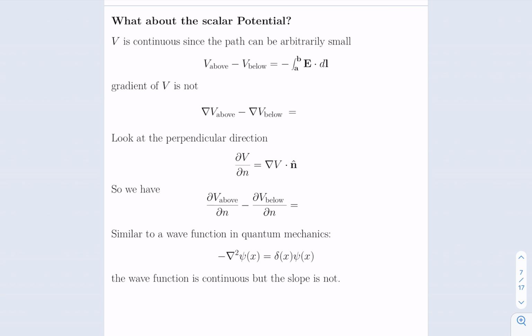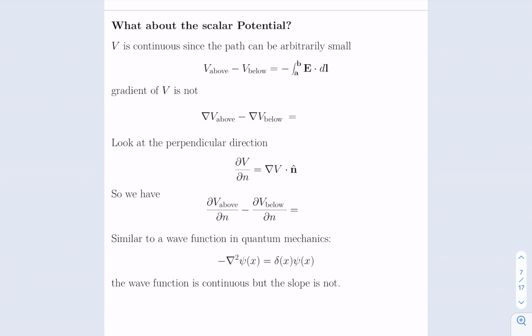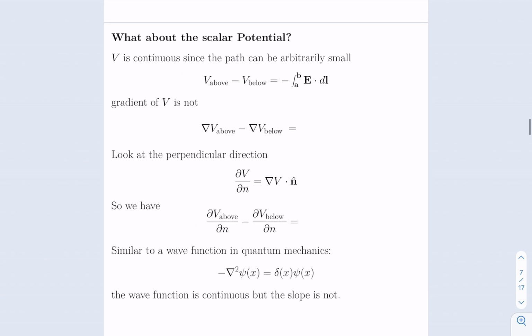However, the dl is really infinitely small, because b could be plus epsilon n, and a could be simply minus epsilon n, and this epsilon can be really small, which means this integration can be 0, and this means that the scalar potential must be continuous.